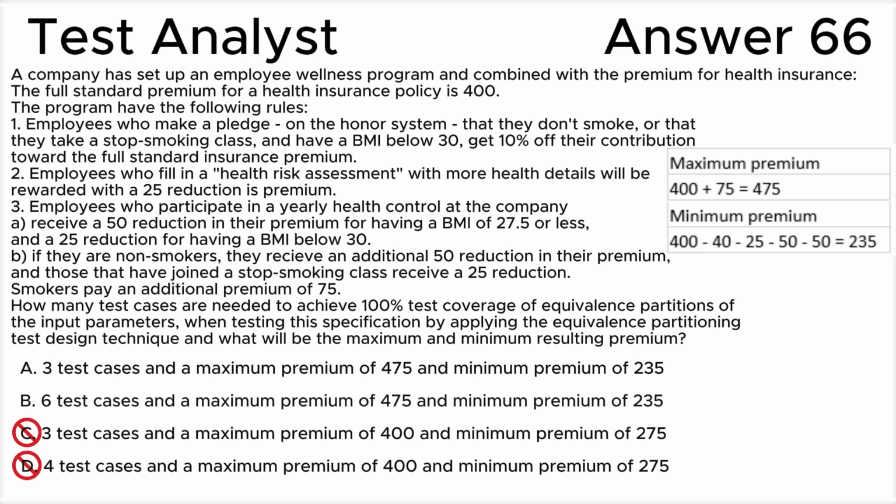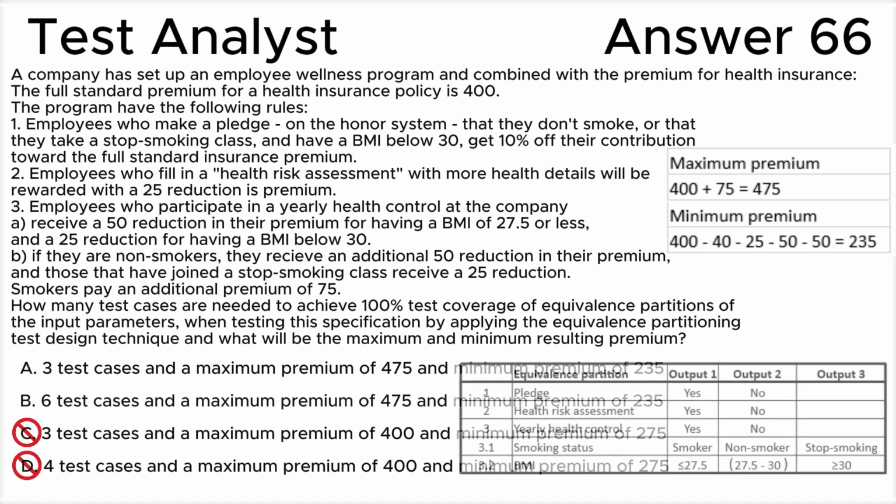Pay attention, we should cover equivalence partitions of the input parameters. Let's define our equivalence partitions for input parameters. Identify input parameters and their equivalence classes, then cover each class at least once with the fewest tests by combining classes across parameters. 1.